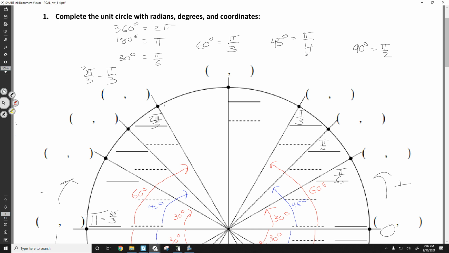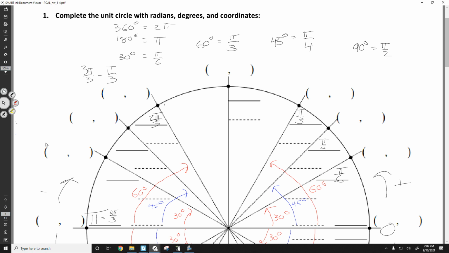You know what? It's tough to do without a common denominator, right? Okay. So what can I write pi as? I already wrote it as 3 pi over 3. What else can I write pi as to maybe help me subtract pi over 4? 4 over 4 is the same as 1. 4 pi over 4 is the same as pi.